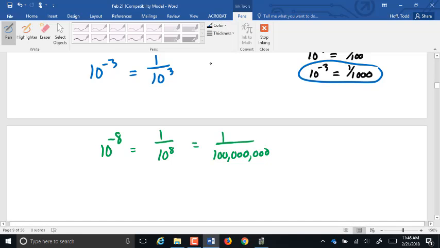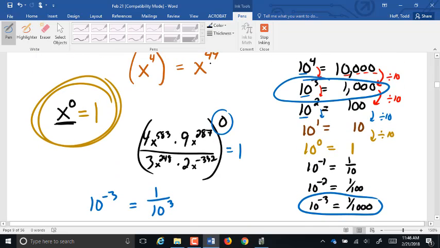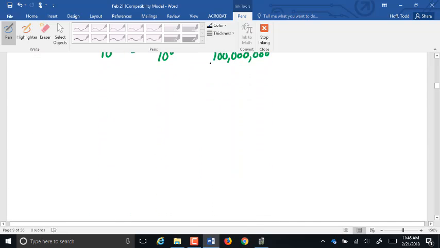So now these powers of 10, if you looked at what we had for our list over here, they should look very familiar to us because that's what we used for our place values.